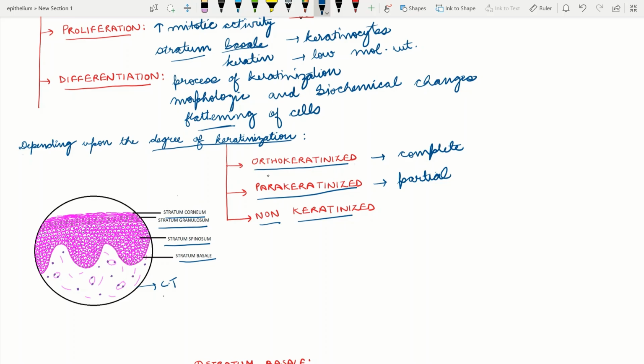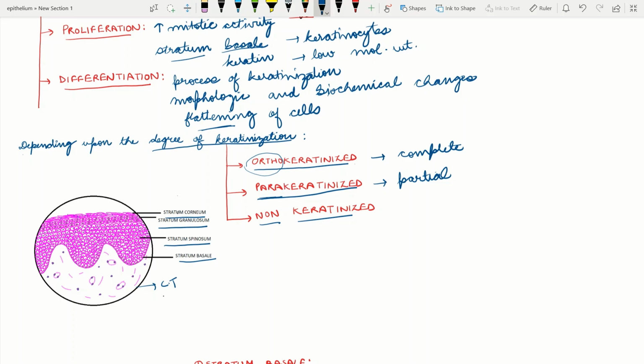In orthokeratinized epithelium, the stratum granulosum is well defined, whereas in parakeratinized epithelium, it is not well defined. In the stratum corneum, there are no nuclei present in orthokeratinized epithelium, whereas in parakeratinized epithelium, you will see pycnotic nuclei. So based on that, you can differentiate between orthokeratinized and parakeratinized epithelium.